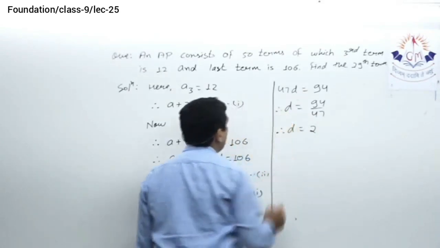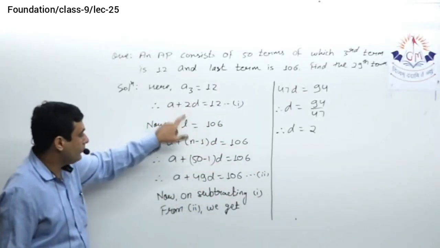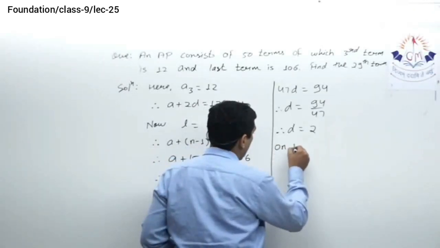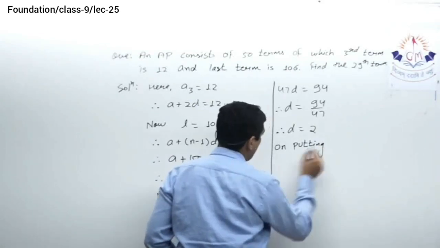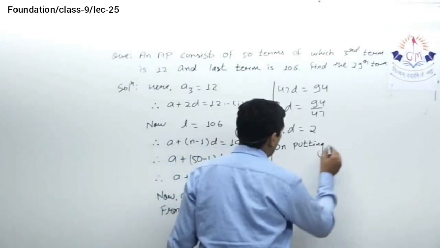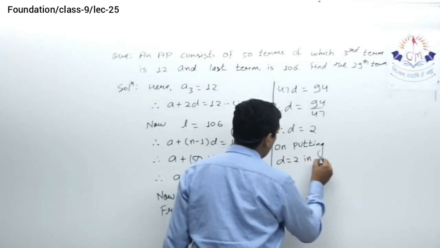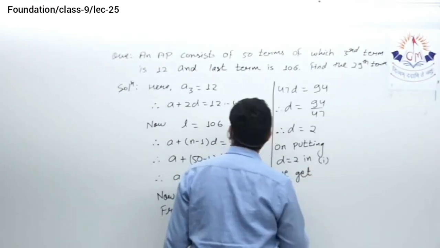Now after getting D, what I have to do, I have to put D equal to 2 either in 1 or in second. I am putting it in 1. On substituting D equal to 2 in first, we get, let us see what we'll get.